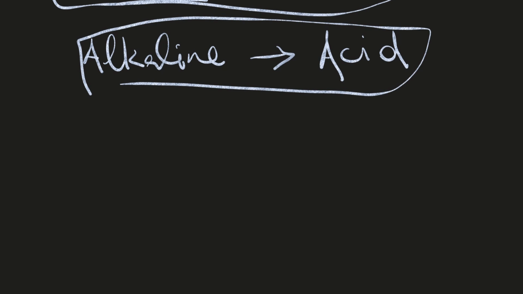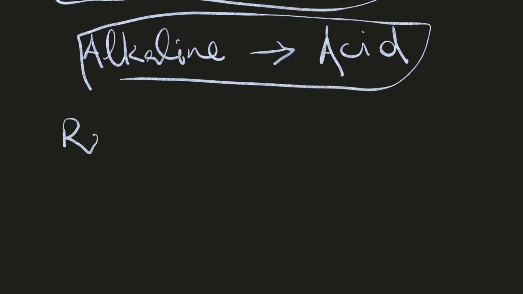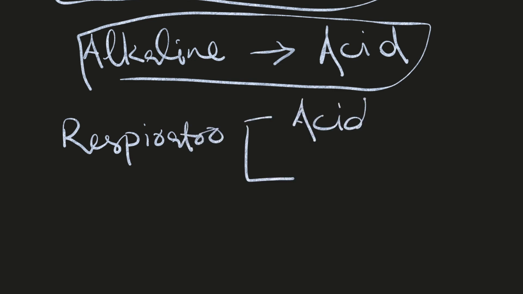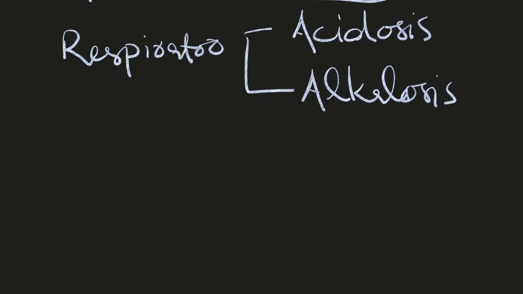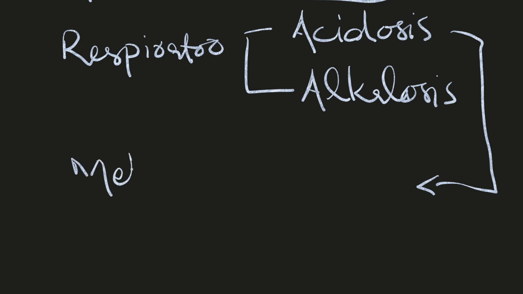Now, if the component is respiratory, like acidosis or alkalosis, the equilibrium will have to be achieved by the metabolic component. So, if there is more acidosis, the body will go towards the equilibrium by metabolic alkalosis.